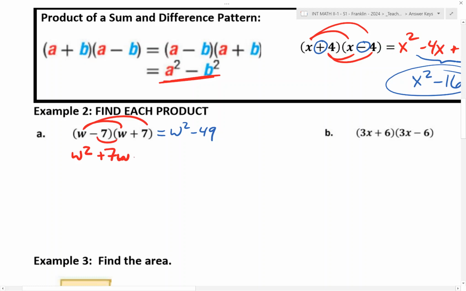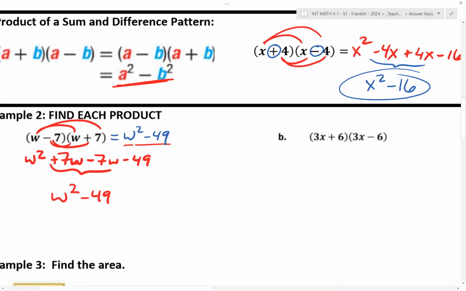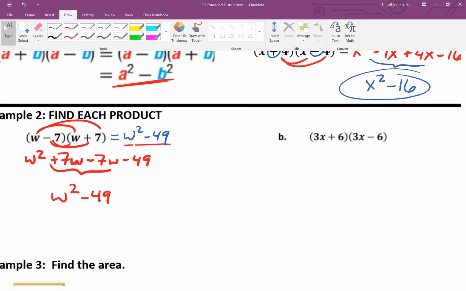Negative 7 times w is negative 7w. Negative 7 times 7 is negative 49. And you can see that these 2 middle terms will cancel out. And so we end up with w squared minus 49, which is what we predicted. So the pattern does work, but again, if you're not comfortable, you can just do the math and see what happens.